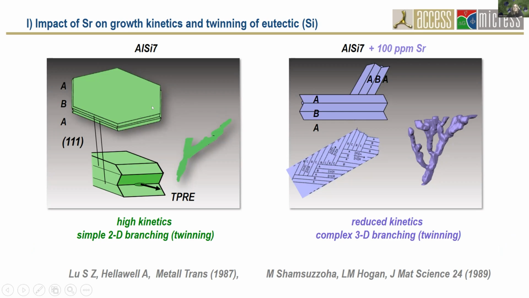The silicon here is not a single crystal, but twinned, and on a really small scale. A typical mechanism is that when twinning occurs, attachment of new atoms at the edges between the twins is preferred, so it has a higher kinetics in this direction.